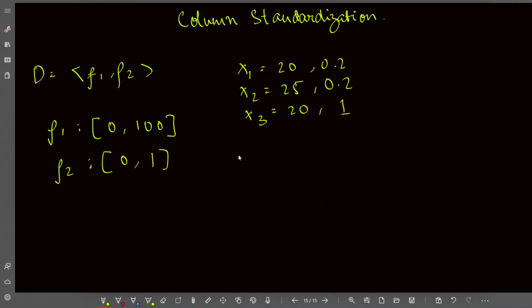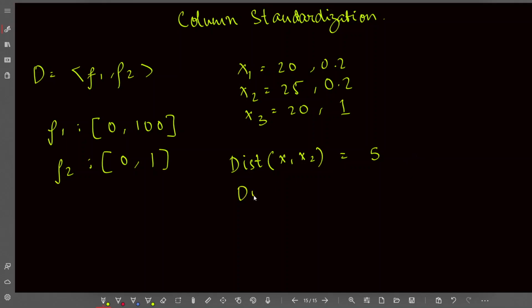Right. So if I take a distance measure, like a Euclidean distance, between x1 and x2, I would get the value 5. And this is simple Euclidean distance.